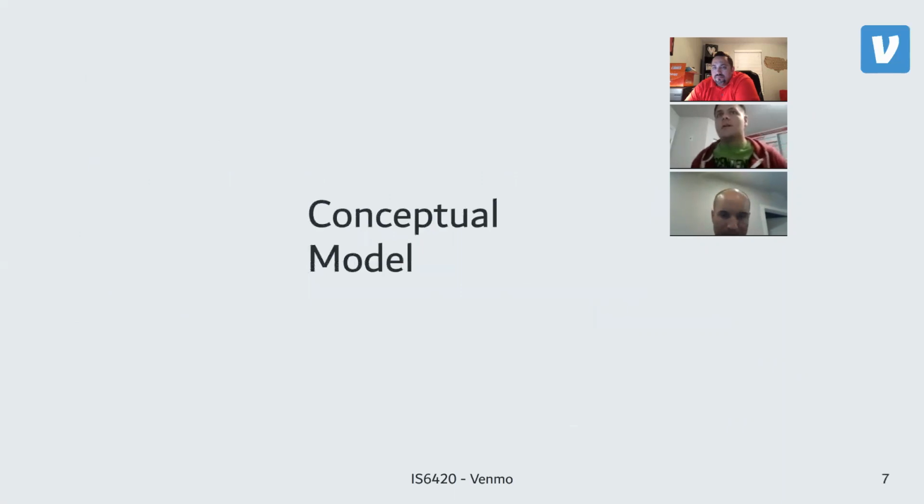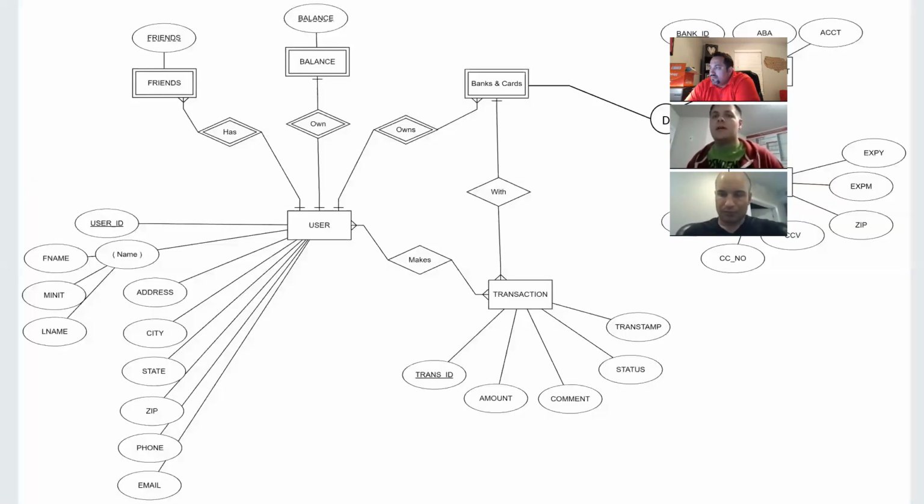Thanks, Joe. We're going to start off with our conceptual model, which is just an entity relationship diagram. When we started out, we focused on the user entity, which is in the center, slightly to the left. As you can see, we've got a couple different groups of entities and relationships going on. In the bottom left, we have basic information about each user that might be useful.